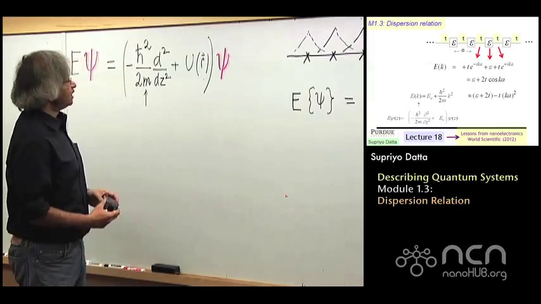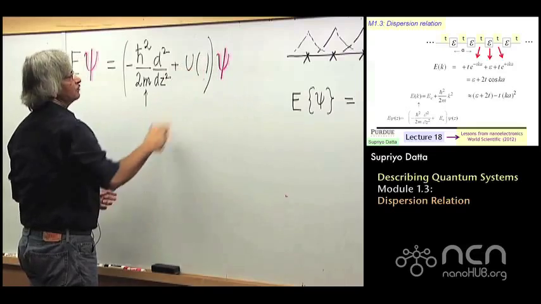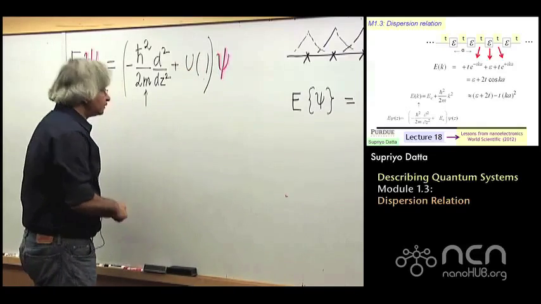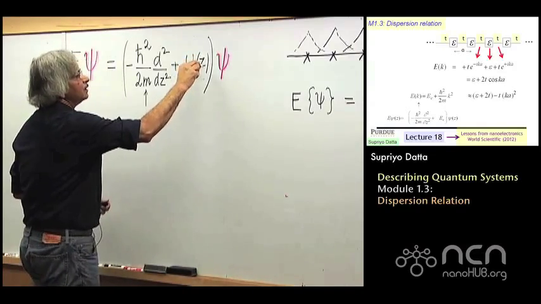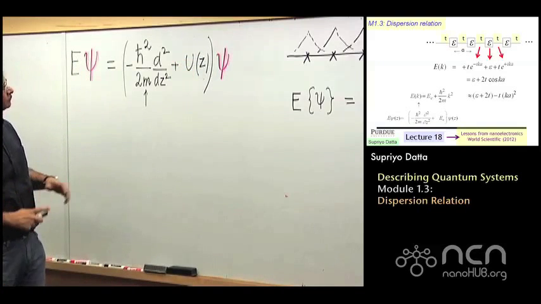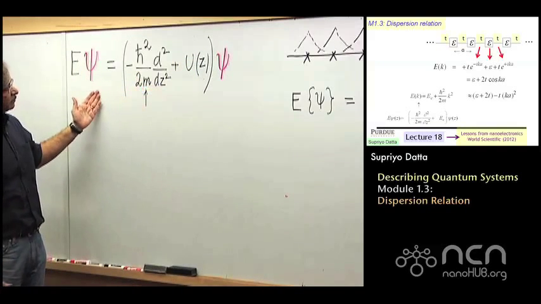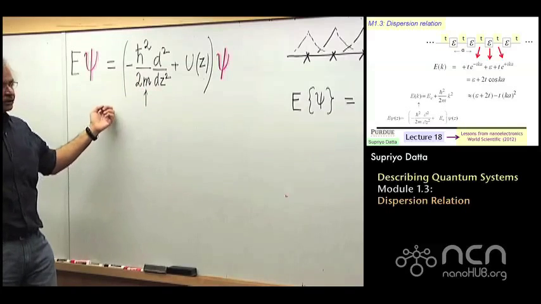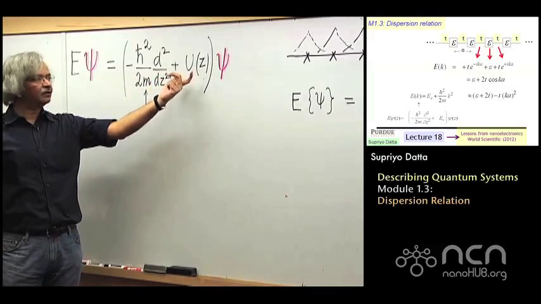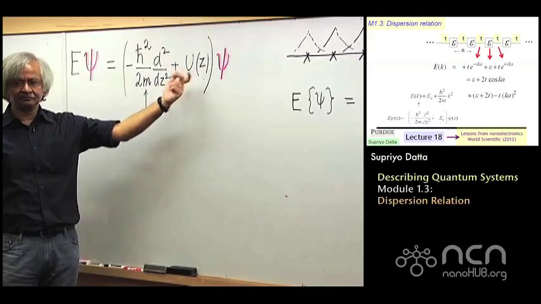That is, you see, in general, I guess this is now u of z. When you look at this equation, I can't write down a solution till you give me what u of z is. What is this potential?